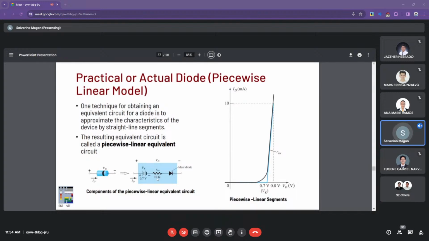Of course, the resistor resembles the ohmic regions we've seen in the plot, as well as a battery model to resemble the 0.7 volts forward voltage, or a forward potential, to turn on the diode into conduction or the forward bias region.